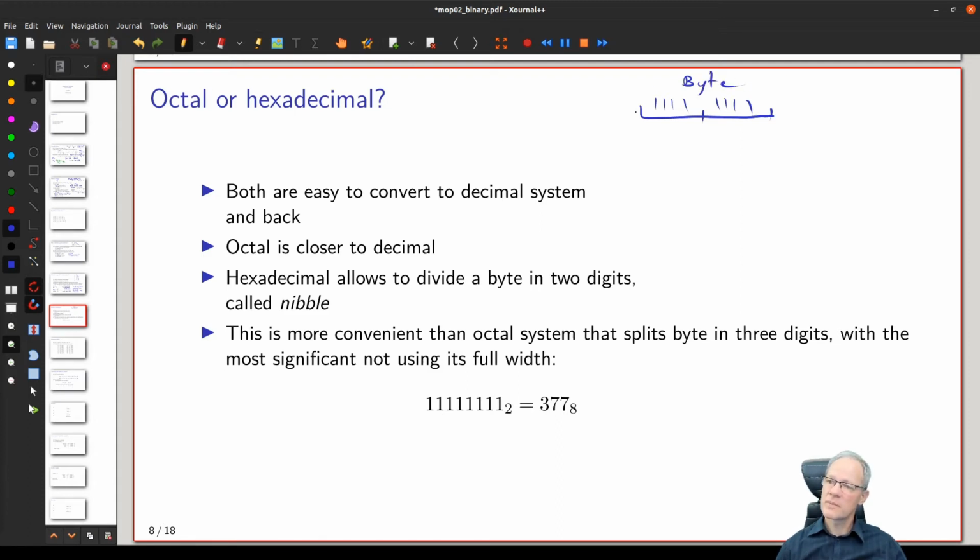And if we were to use 3 bits, then it's going to be either too short, 3 plus 3 is 6, or too long, 3 plus 3 plus 3 is 9, while a byte has 8 bits. So that's why people have found out that it's more convenient to use hexadecimal system, because then every 4 bits can be represented with one hexadecimal digit, FF in this case.